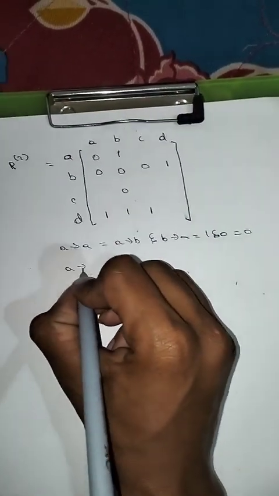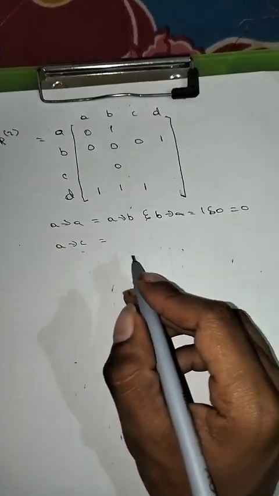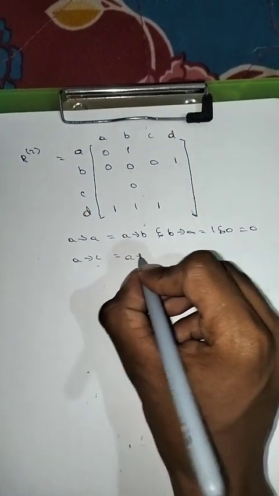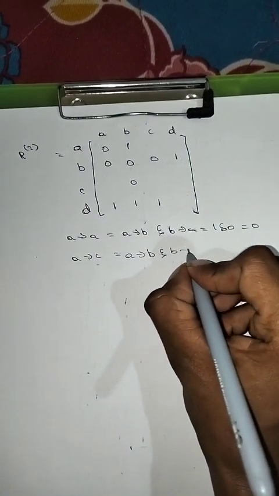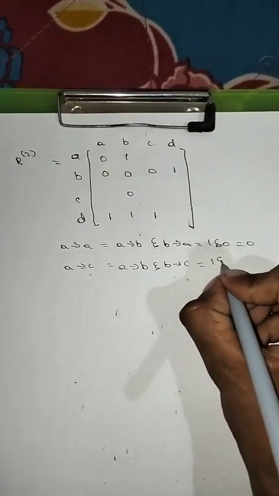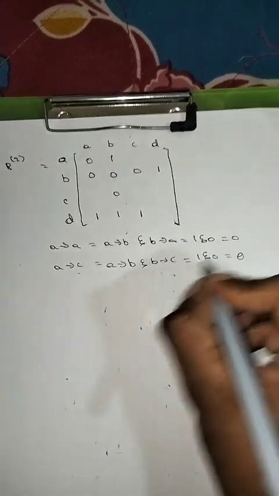Next, A to C. A to B and B to C. A to B is 1, B to C is 0, 1 and 0 is 0.